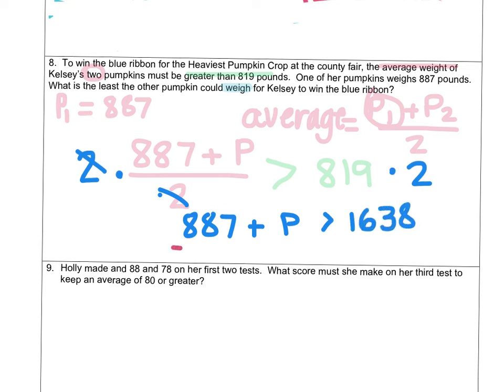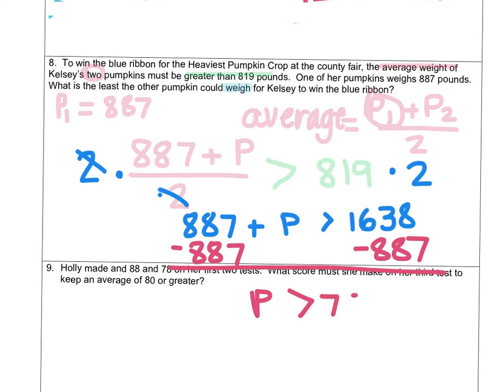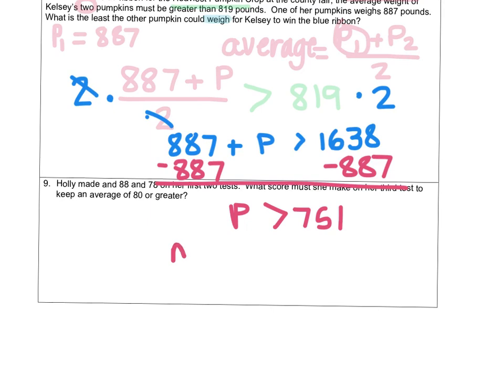We'll continue solving by subtracting 887. So P is greater than 751 pounds. Kelsey's pumpkin must weigh more than 751 pounds.